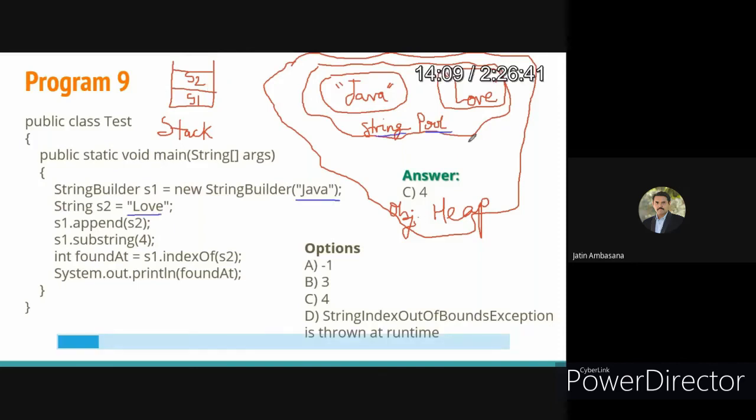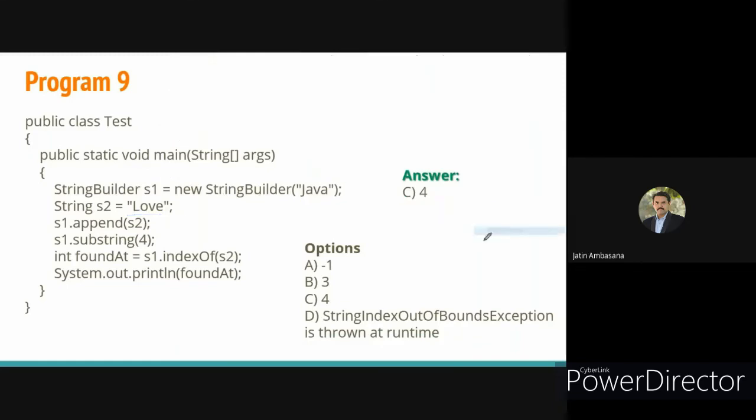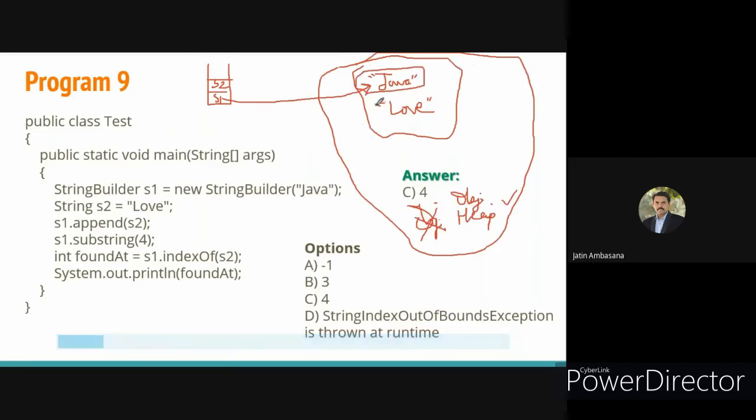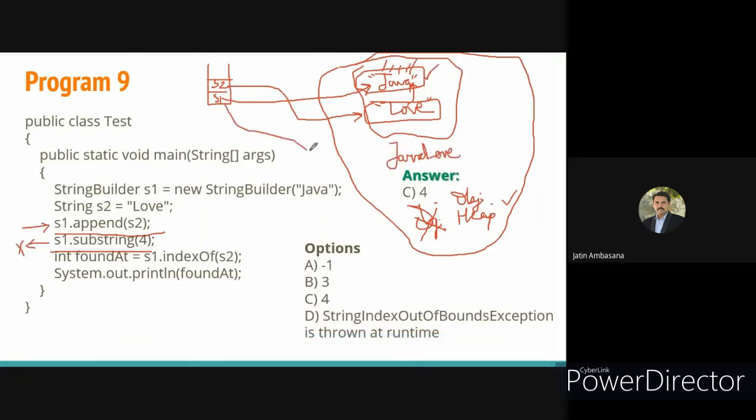Now what happens when you say s1 appends s2? s1 is pointing to Java, s2 to love. Love gets added to it, and then that Java love string is made, which is pointed by s1.